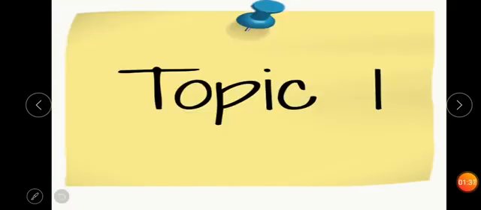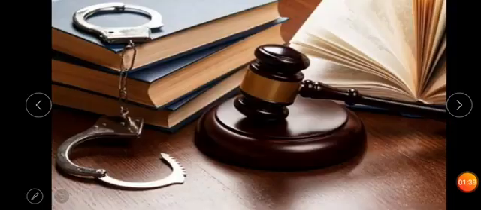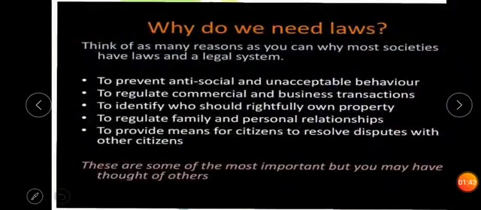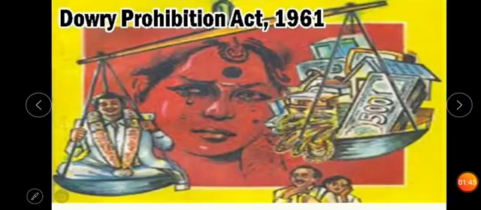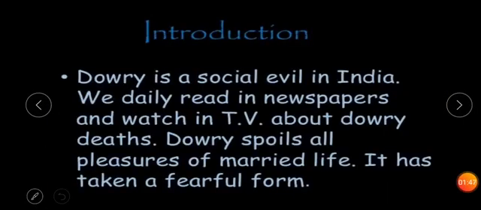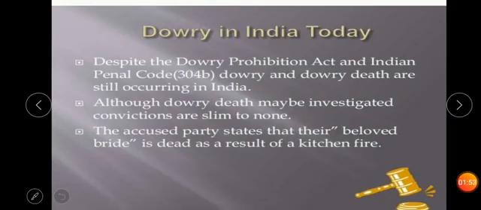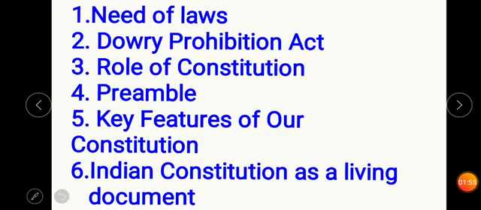In the first topic, we talked about the need of the laws. In that, we studied the Dowry Prohibition Act 1961. Different examples we also tried to quote there.